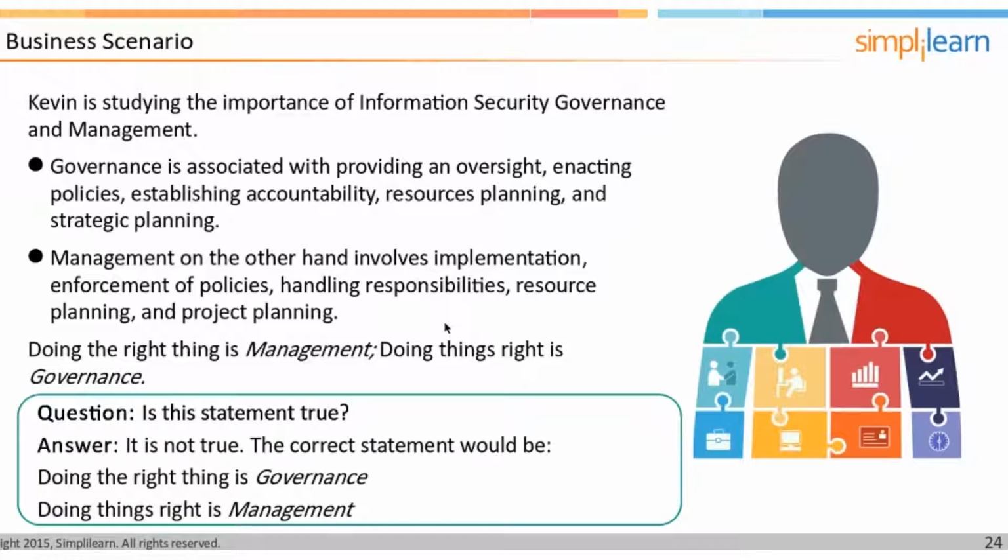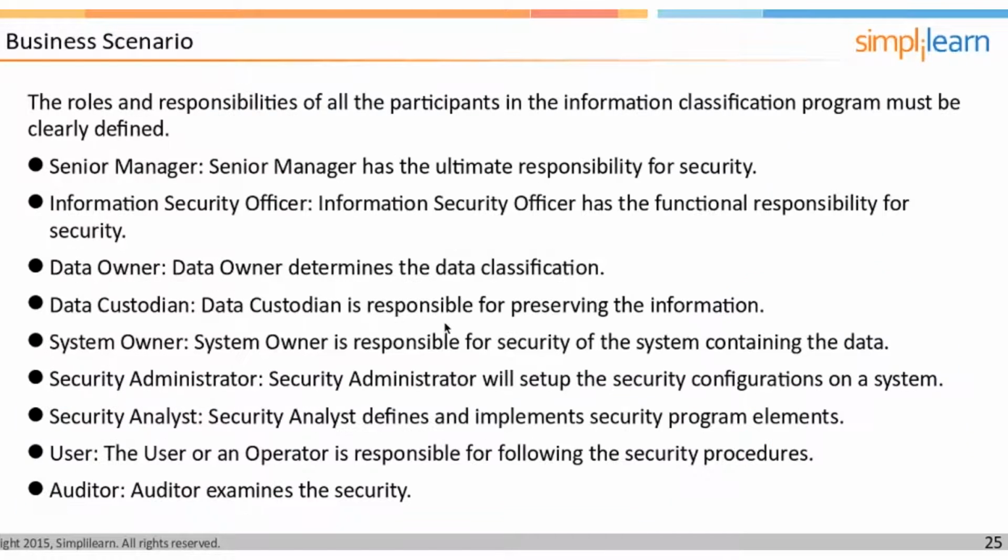Doing the right thing, what needs to be done, is usually governance, and doing those things correctly is your management. All right. I usually use this statement to define the difference between a manager and a leader. You say doing the right thing is leadership, and doing things right is what a manager does. So anyway, I hope you understand this.